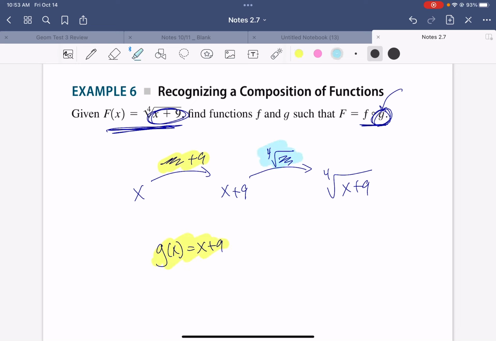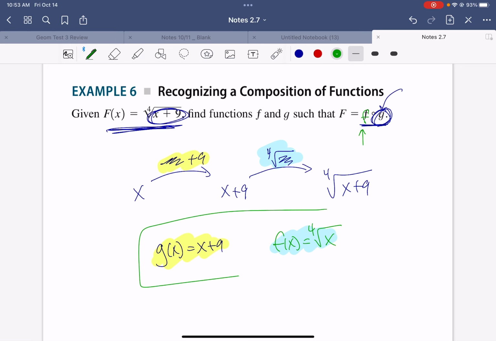And then the second thing you did was to take the fourth root. Well, that means my second function right here, f, is going to be the fourth root of whatever I give you. Okay? So there's our two functions.